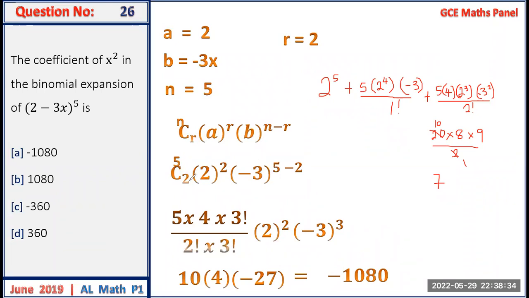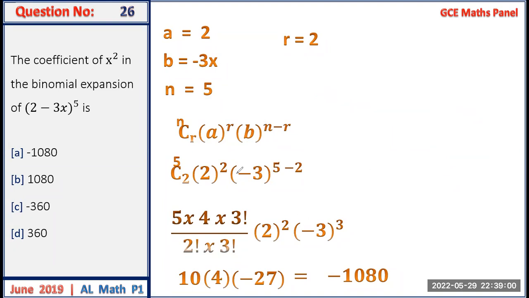If the R equals 2, 5 combination 2, 2 to the power 2, minus 3 to the power 5 minus 2. Those are 10 for 270. This, I think I'll just have to look at again.